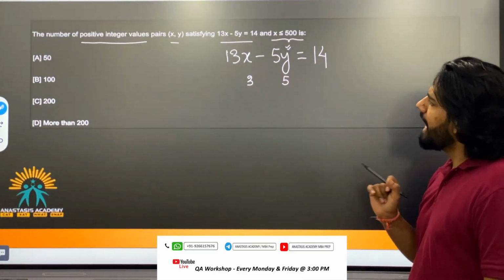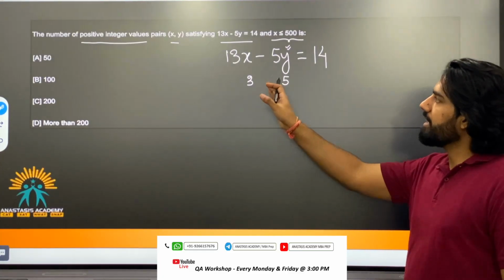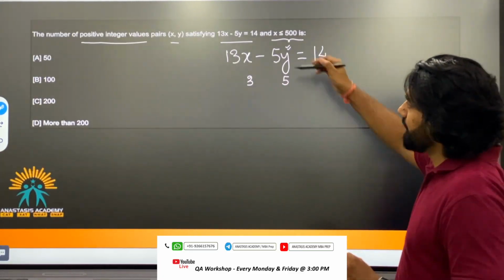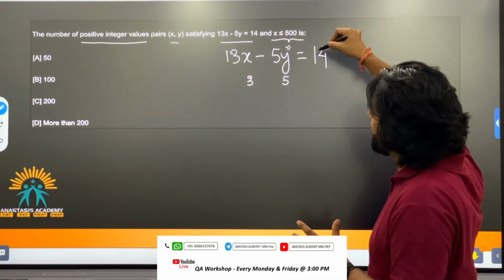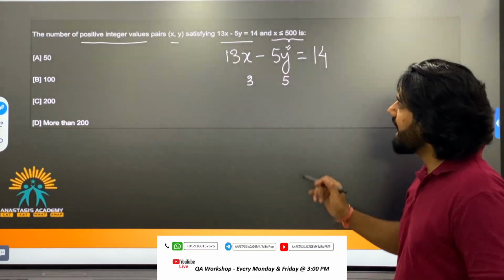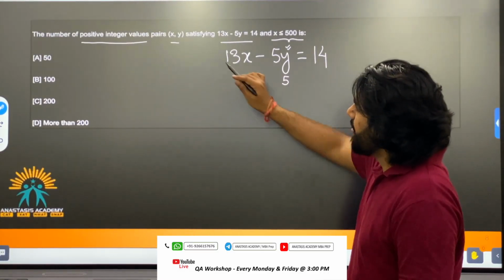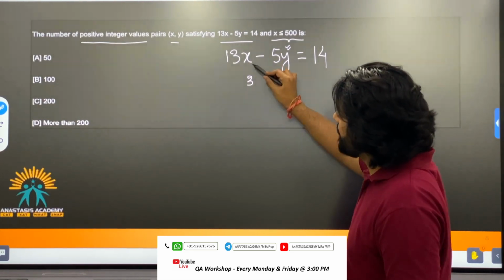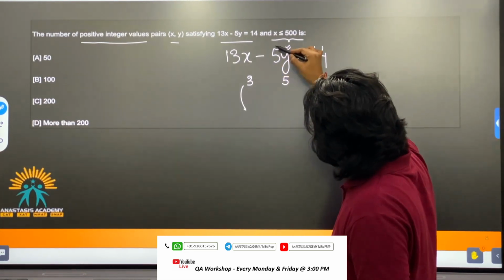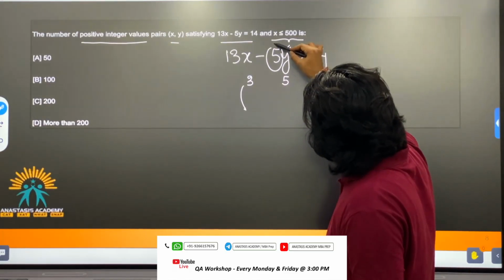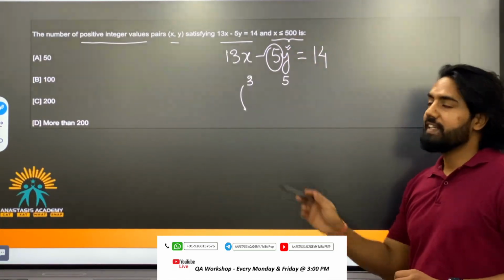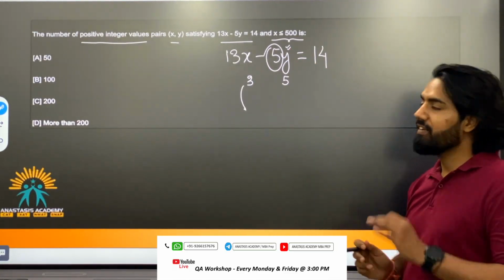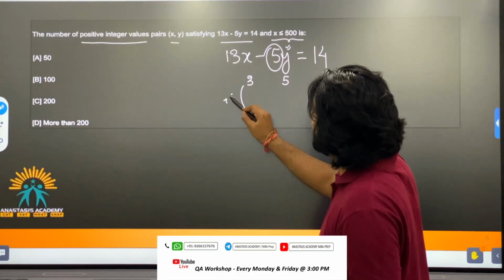Now, I know to find further integral solutions, because it's a negative sign, 13x minus 5y is 14, I will get further integer values. This value of x will get increased by the value which is equal to the coefficient of the second variable. So it will get increased by 5.